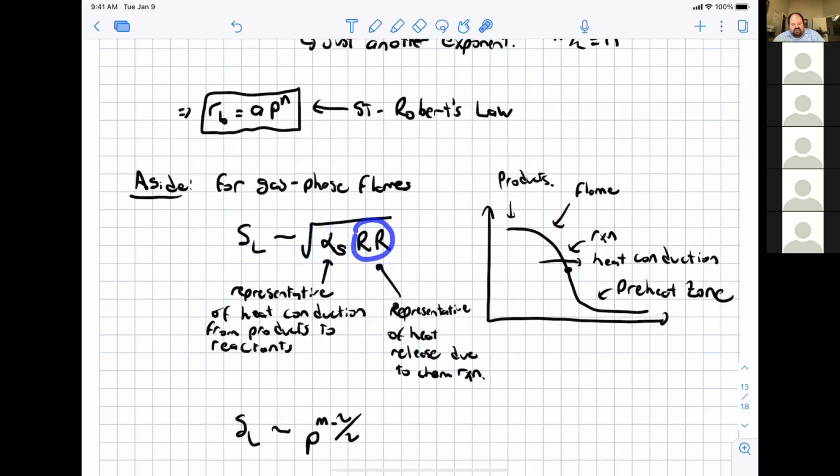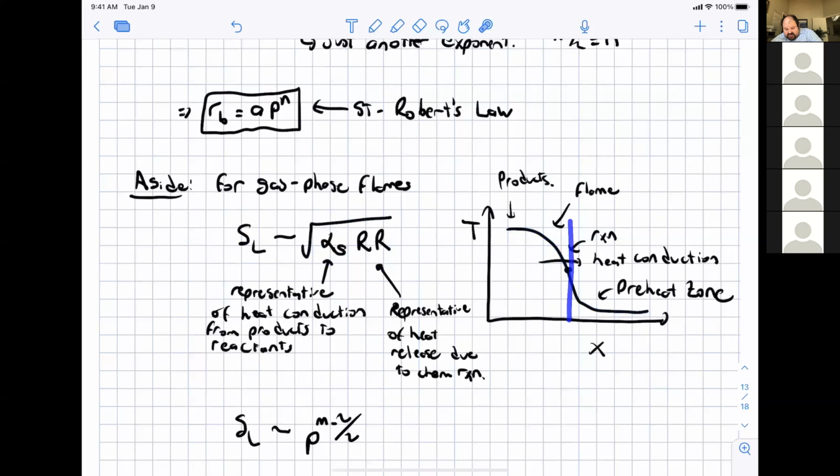And the reaction rate is representative of heat release due to chemical reaction. So if we have X and T, and a propagating laminar flame, the temperature profile will look something like this.